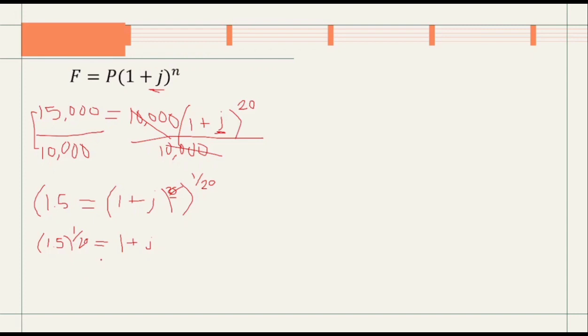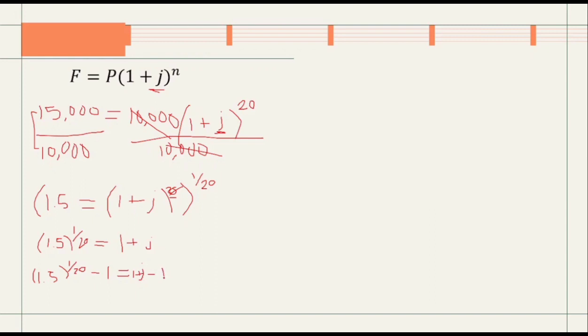So in order to do that, we're going to apply the addition property of equality. So the quantity of 1.5 raised to 1 over 20 minus 1 is equal to 1 plus j minus 1.